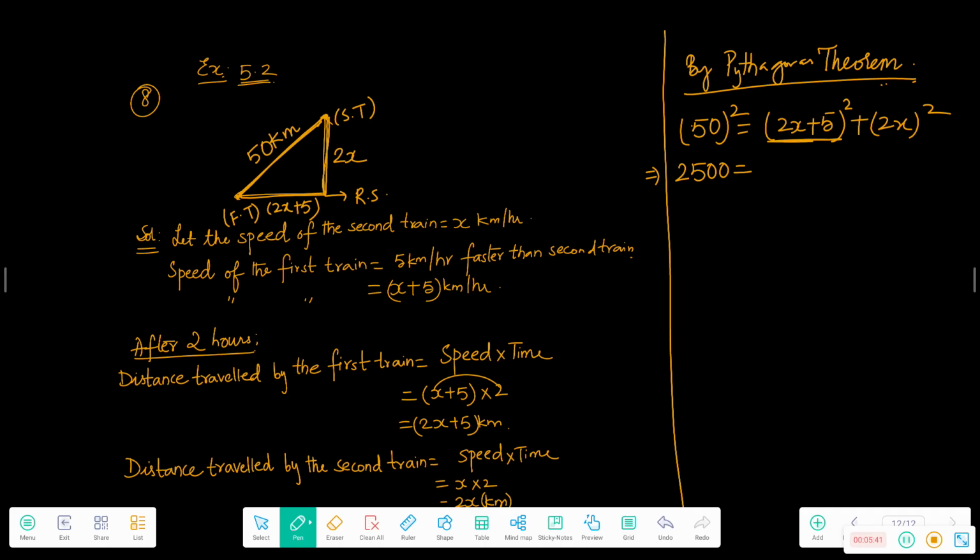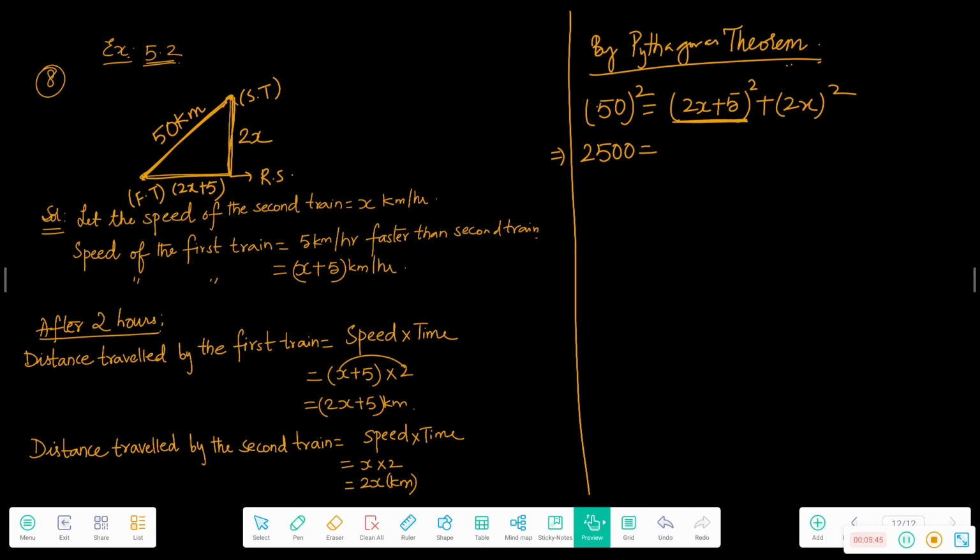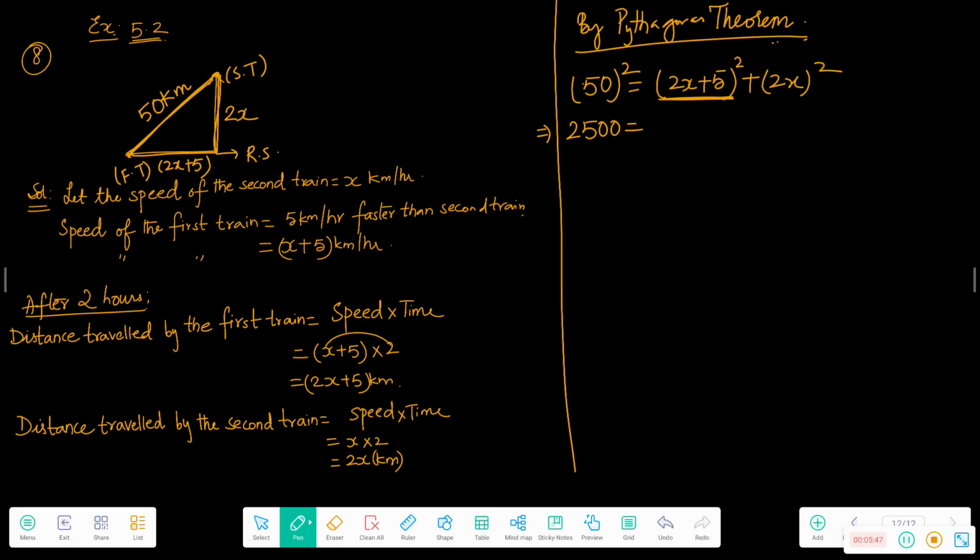2500 is equal to, expand this 2 times x plus 5 whole square in the form of a plus b whole square, so a square plus b square plus 2ab, plus 4x square.